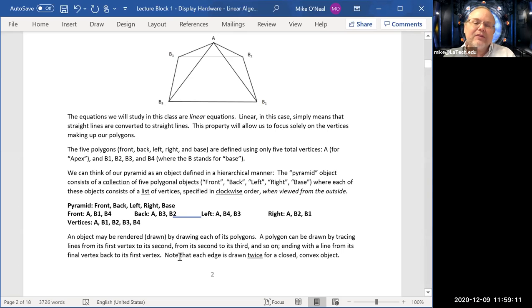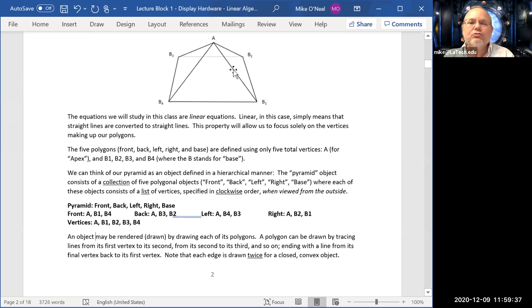Now notice something. If you're not getting rid of hidden faces, if you're drawing every polygon in your object, each edge is going to be drawn twice for closed convex objects. So think about it. When I draw my front face here, I draw this edge, then this edge, and then this edge.